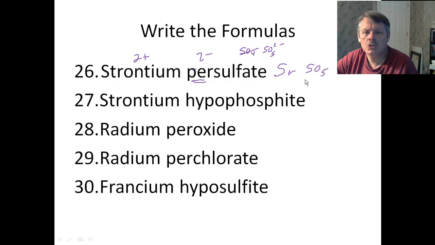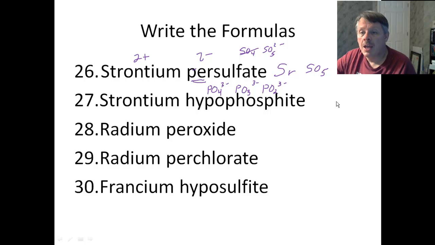How about strontium hypophosphite? Oh gosh. Well, phosphate is PO4. Phosphite would be PO3, because you lose an oxygen. And the hypophosphite would be PO2. And they all have a 3- charge, because your charges don't change. Right?